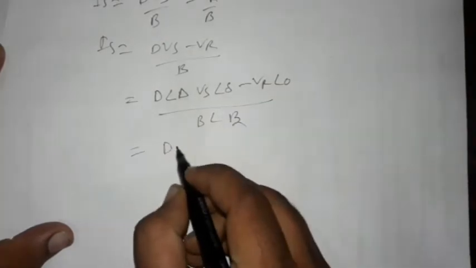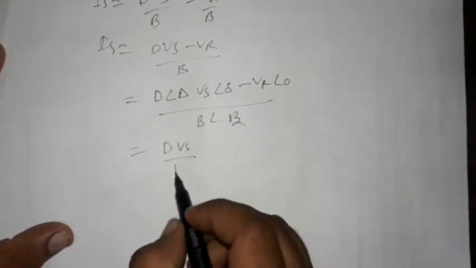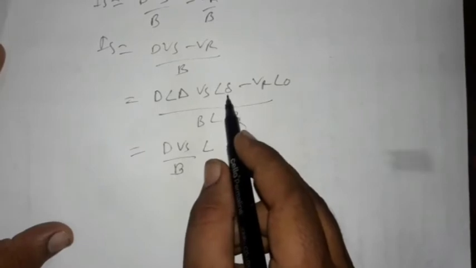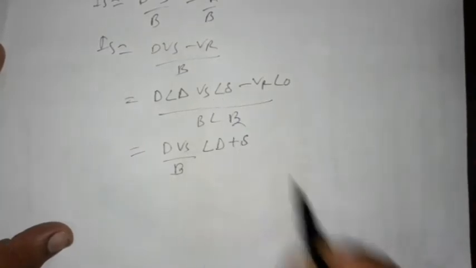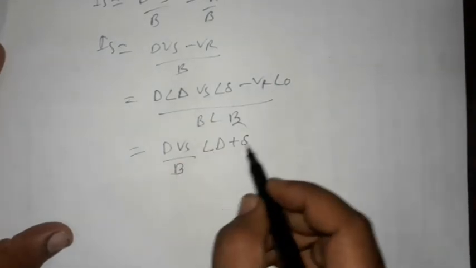Now B into Vs divided by B, angle delta into small delta in a multiplication, so D plus delta, divided by beta, so minus beta.